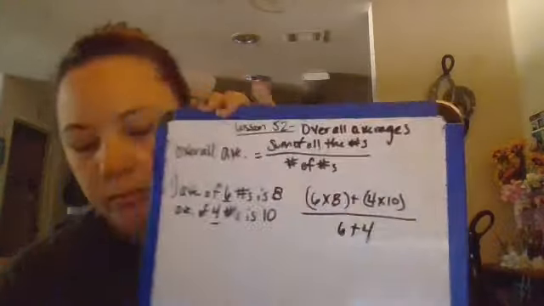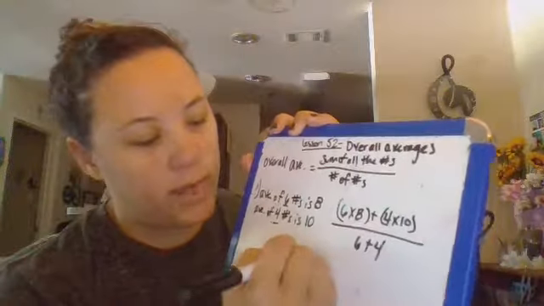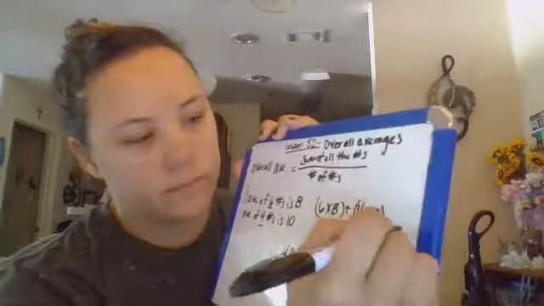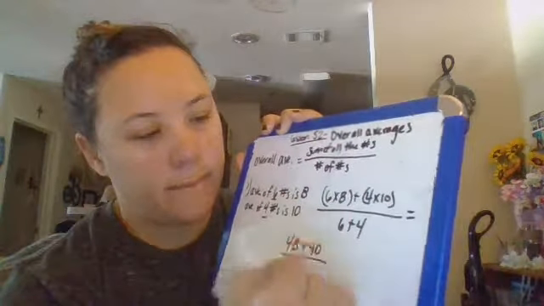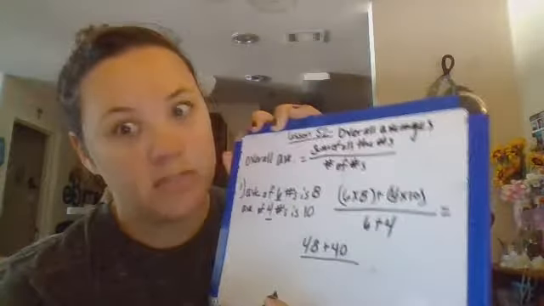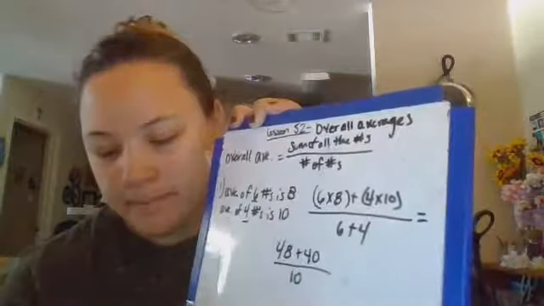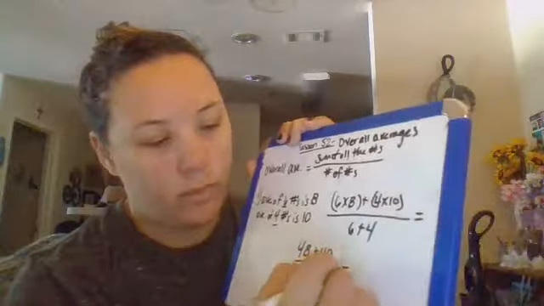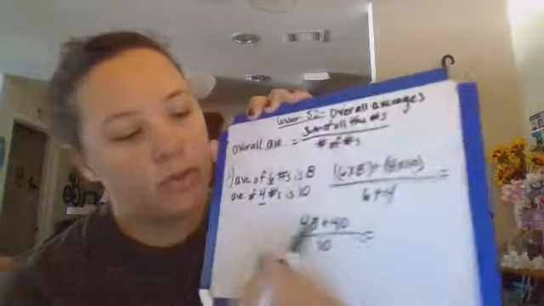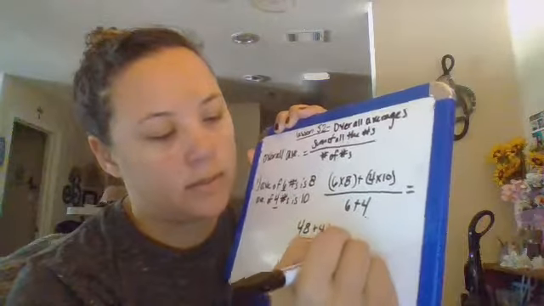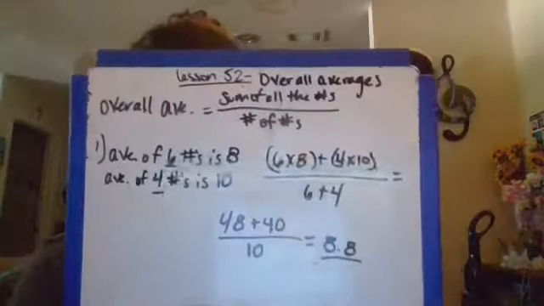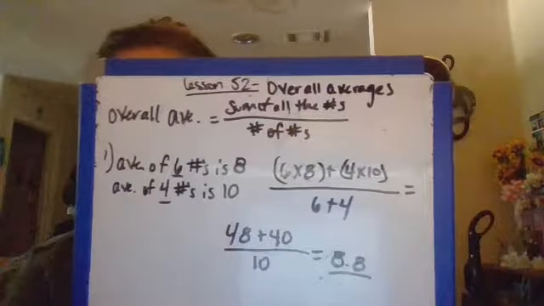All right, 6 times 8 is 48. Plus 4 times 10 is 40. 6 plus 4 is 10. So if we were to add this up and divide it by 10, we would get 8.8. So the overall average of these 10 numbers is 8.8.